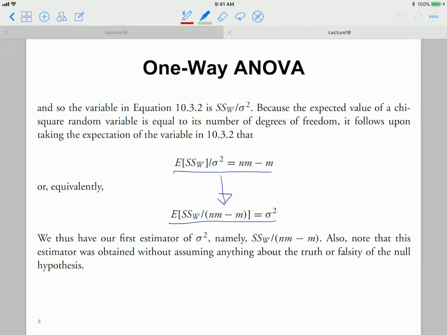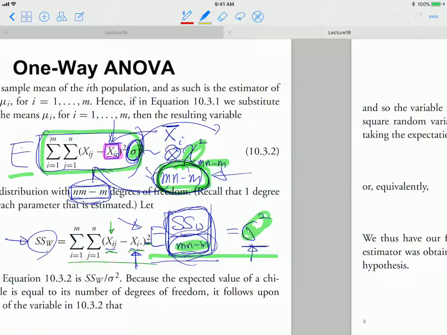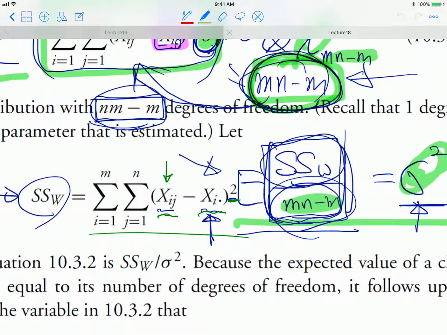So this was the SS of W. SS of W is taking the square of the differences between these two, and this one is our observation, right?